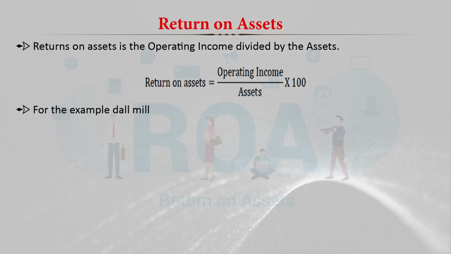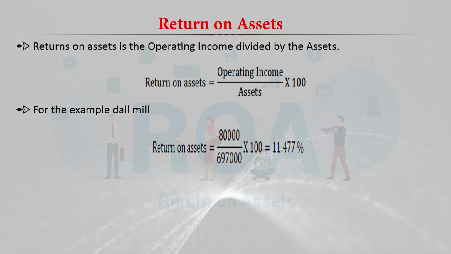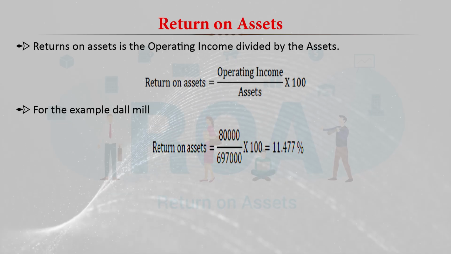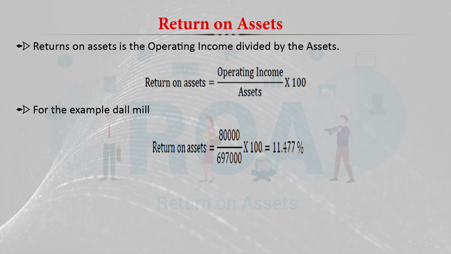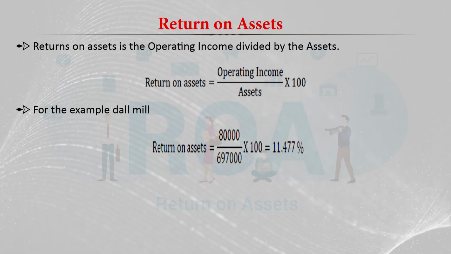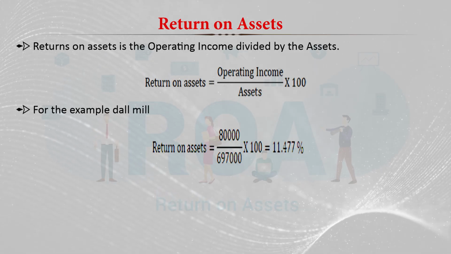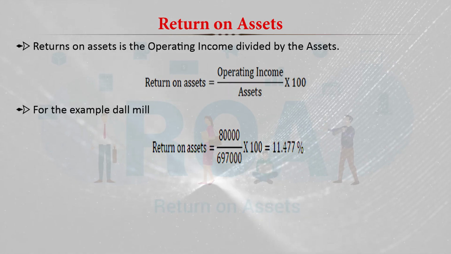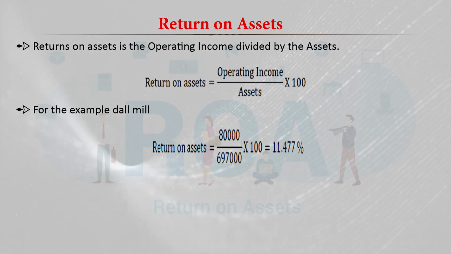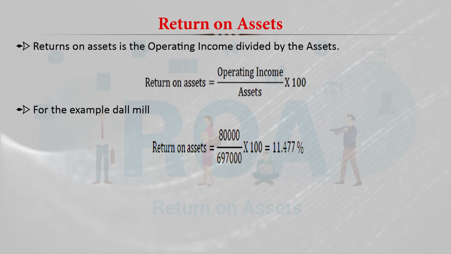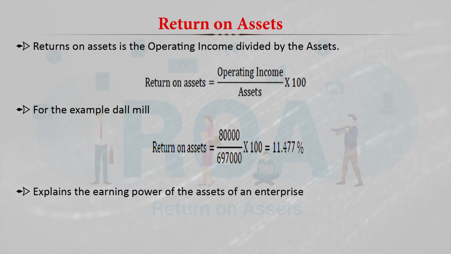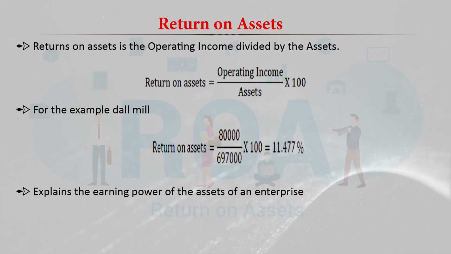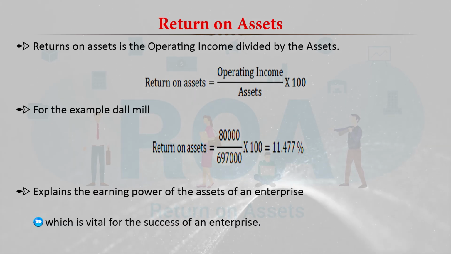In the case of our dal mill, we have an operating income of 80,000 rupees, and the total investment of the dal mill is 6,97,000. So the return on assets is 11.477%. It indicates the earning power of the assets of an enterprise, which is vital for the success of the enterprise.